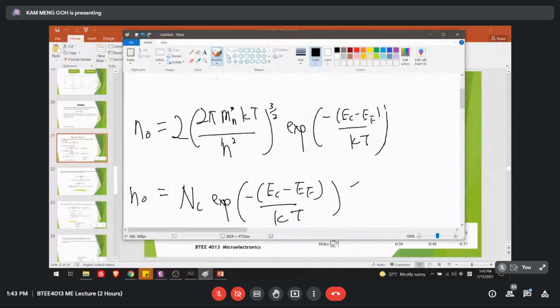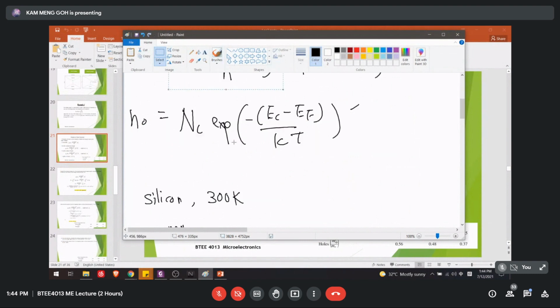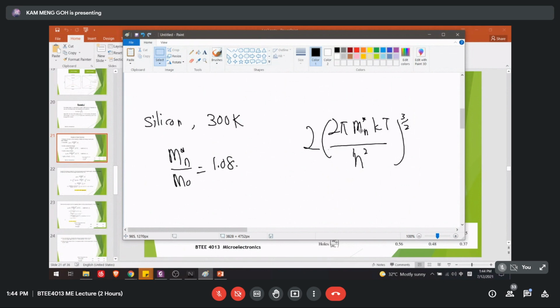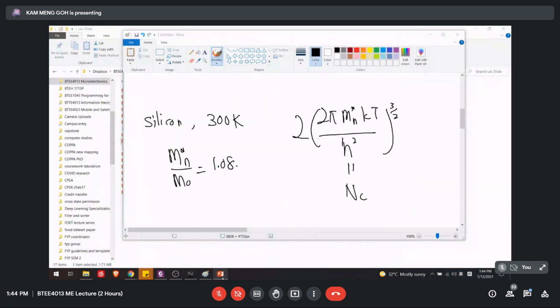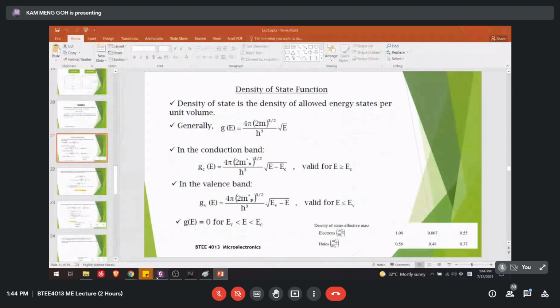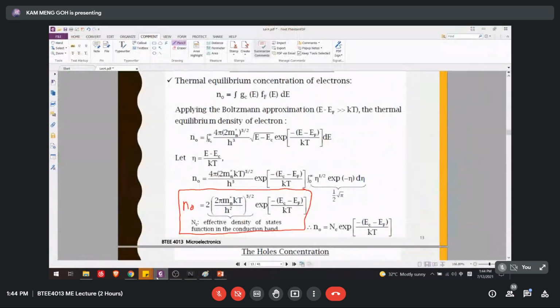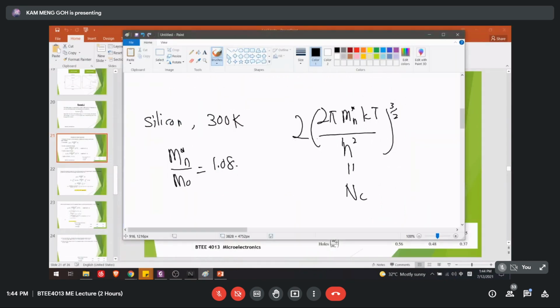At first, we need to calculate NC. This part equals NC. We call NC the effective density of states, which means that out of the so many states, what is the effective one, the one that really contains the electrons. Because it's the effective density. Then let's see how we're going to play around with this.